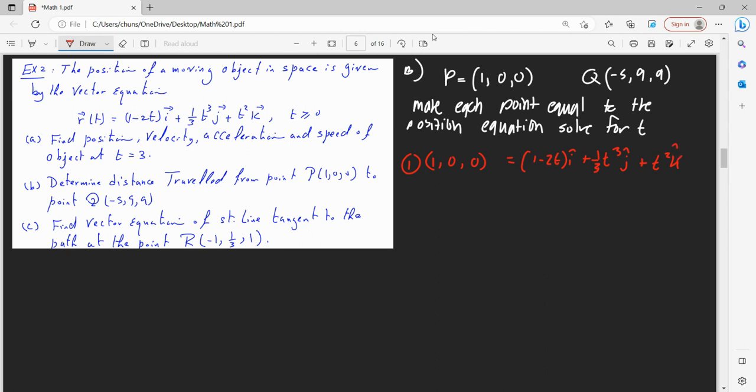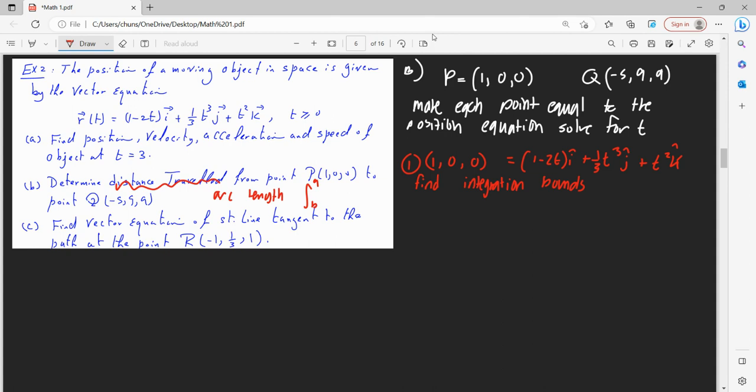And this is going to help us find integration boundaries. This will find our integration bounds because we are looking for distance traveled, which is arc length, which requires you to have different bounds for that integral.